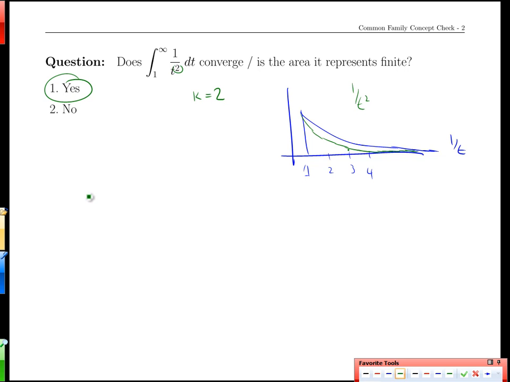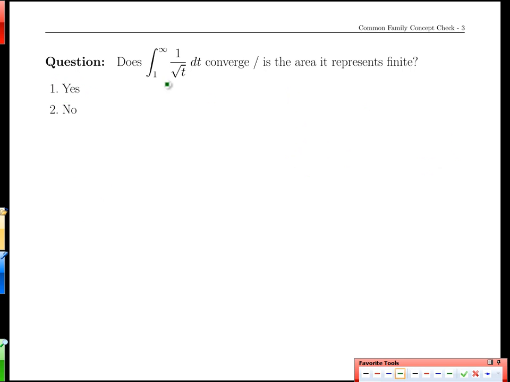One more example. 1 over the root t. We know the function goes to 0, but what about its area, the area beneath that graph? Similar logic, different outcome in this case.